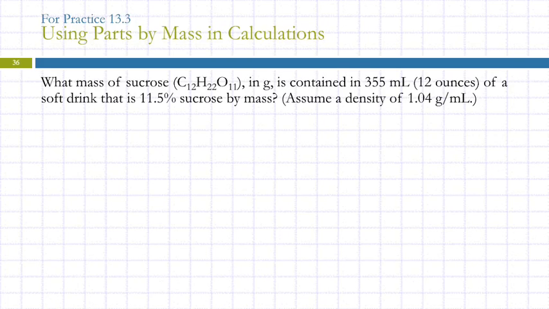Now we have some examples where we're going to use these ideas. Using parts by mass in calculations: what mass of sucrose in grams is contained in 355 milliliters, 12 ounces, of a soft drink that is 11.5% sucrose by mass? Assume a density of 1.0 grams per milliliter.